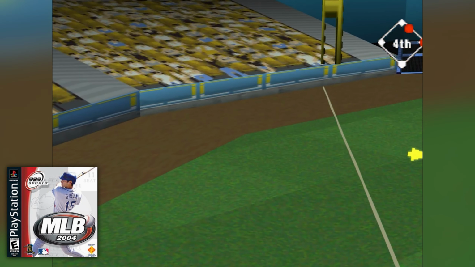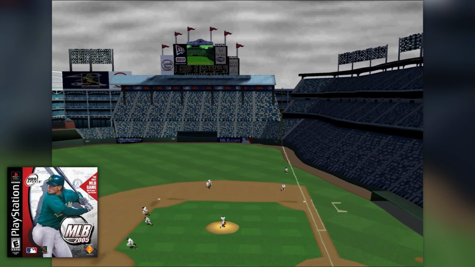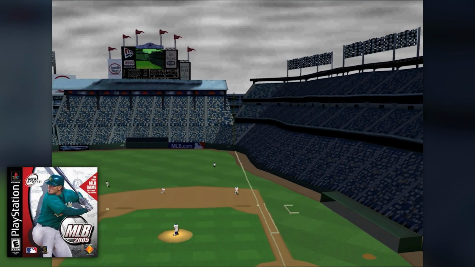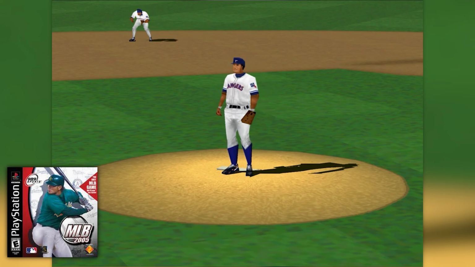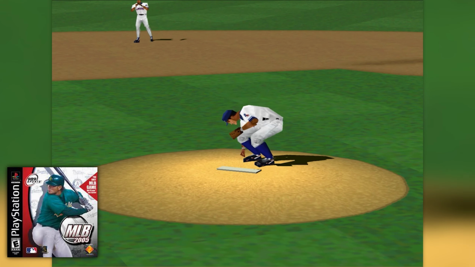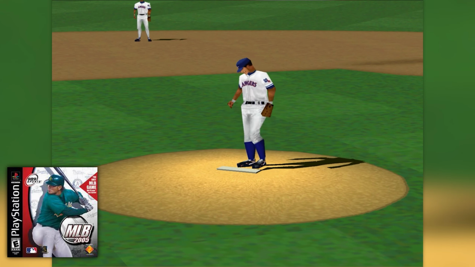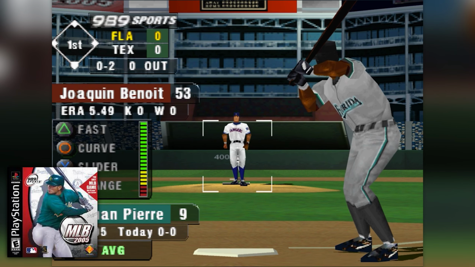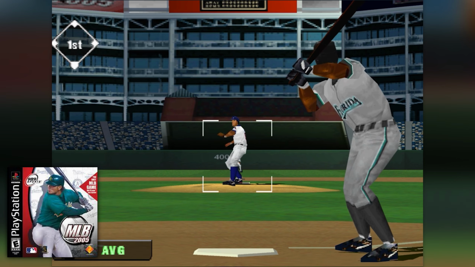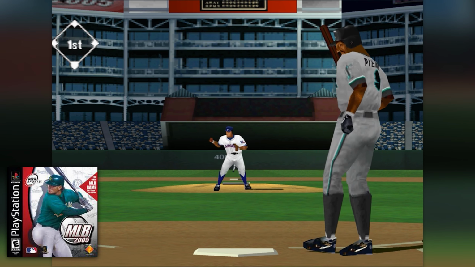Drifting left, foul. When MLB 2005 arrived on retail shelves, it marked the end of a massive historical chapter for the console. It wasn't just another routine yearly roster update designed to hit a quarterly financial target. It was the absolute final first-party software title ever developed and published by Sony Computer Entertainment for the original PlayStation.